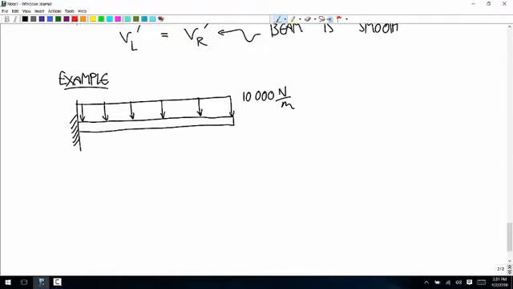The length is 3 meters. And we want to calculate the deflection as a function of x.